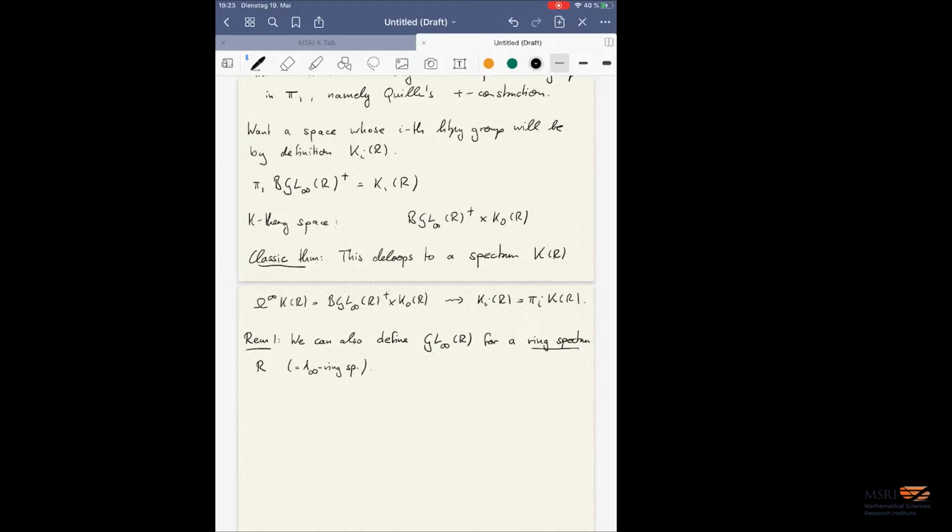And from this, with a little bit of care, we can also define a classifying space and also take the plus construction.